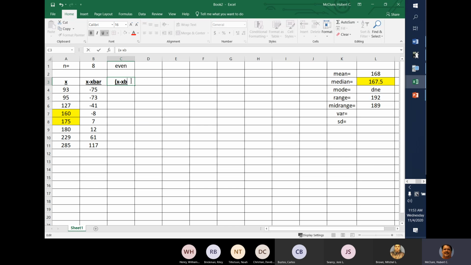Parentheses, X minus X bar raised to the second power. So I'm going to take that negative 75 and I'm going to raise it to the second power. It makes every one of your numbers positive. So go ahead and do this column. I'll give you another minute.